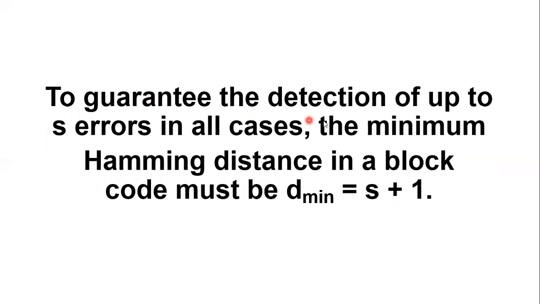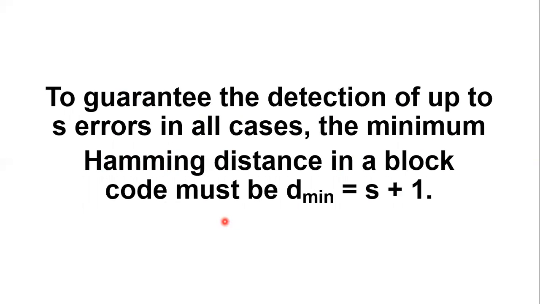So to guarantee the detection of up to s errors in all the cases, the minimum Hamming distance in a block code must be s plus 1. That is, if s errors occur during the transmission, then the Hamming distance between the sent code word and the received code word is s.